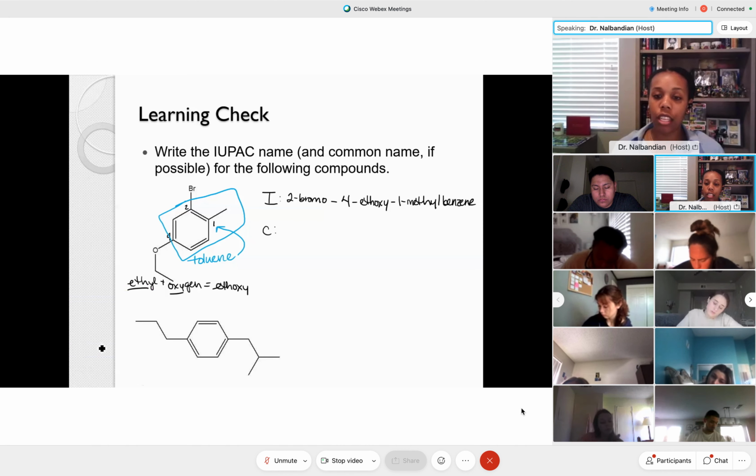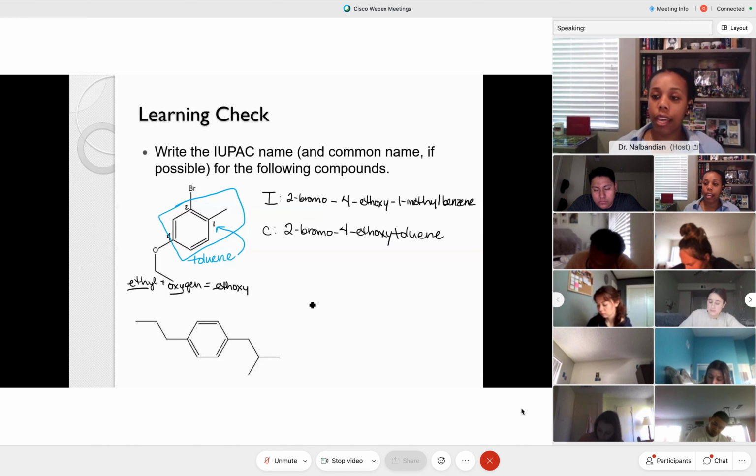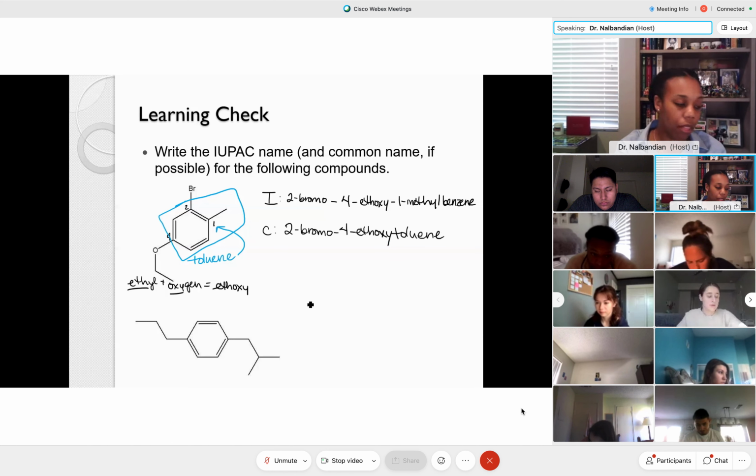So the common name is 2-bromo, 4-ethoxy, and then instead of 1-methyl benzene, toluene. Because we're calling it a toluene, that methyl has to be on carbon 1 for the common name, but it is, so we're fine. We just call the rest of it a toluene instead of a methyl benzene.